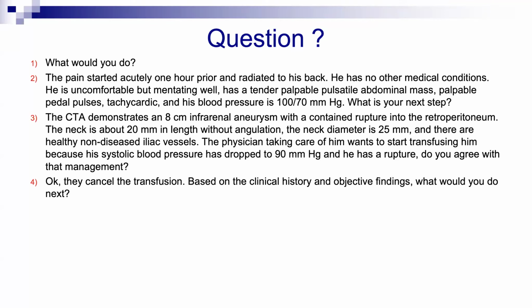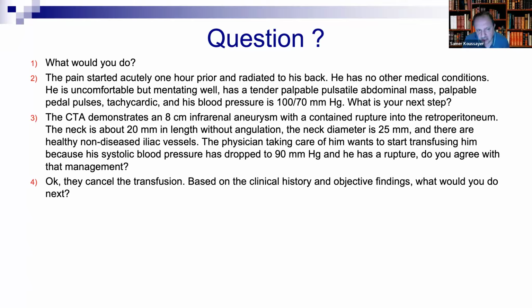The parameters from the CT scan are acceptable for endo. Right. Because if I tell you the neck is 4 millimeters, or there is severe angulation like 90 degrees, would you still go with endo? If you gave the same scenario and said the neck is 5 millimeters in length with 60-degree angulation, no, we'll go for open.